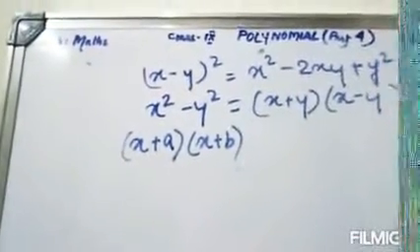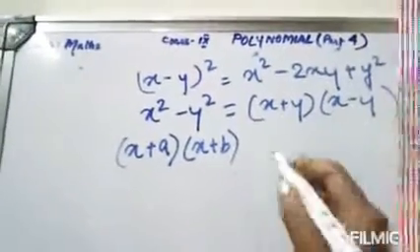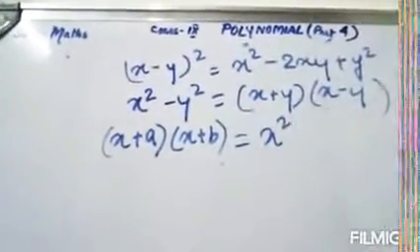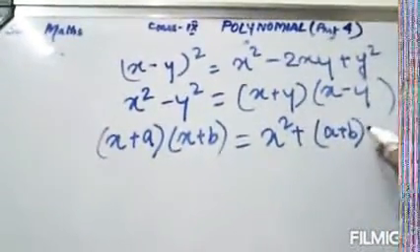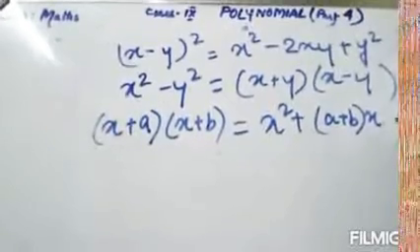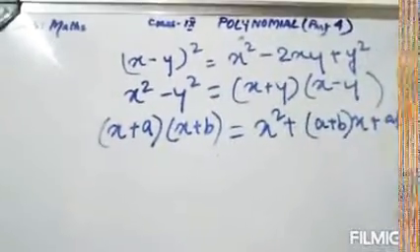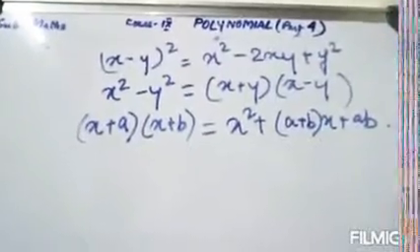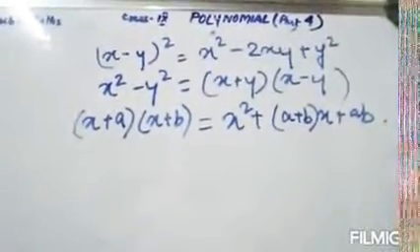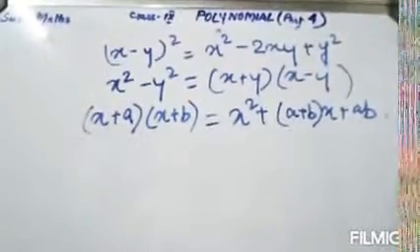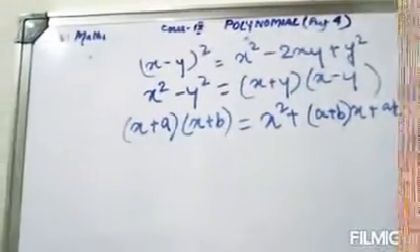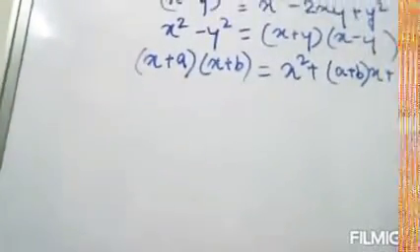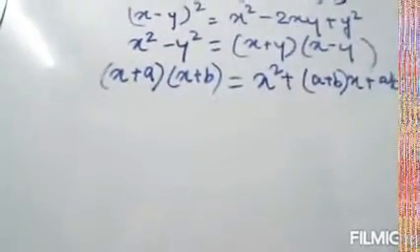If it is given in this way, we'll consider as x square plus a plus b x, plus ab. These are the three basic identities that we have learned in our junior classes. Now we are going to use them in our polynomial.